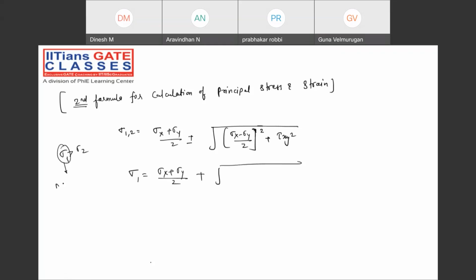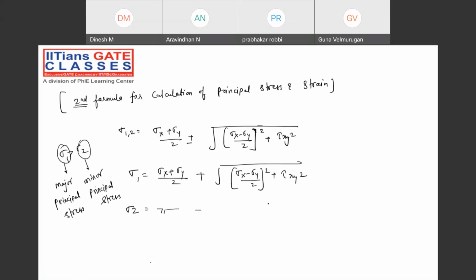This is called the major principal stress. Sigma 2, with the minus sign, is called the minor principal stress. Same formula is there.